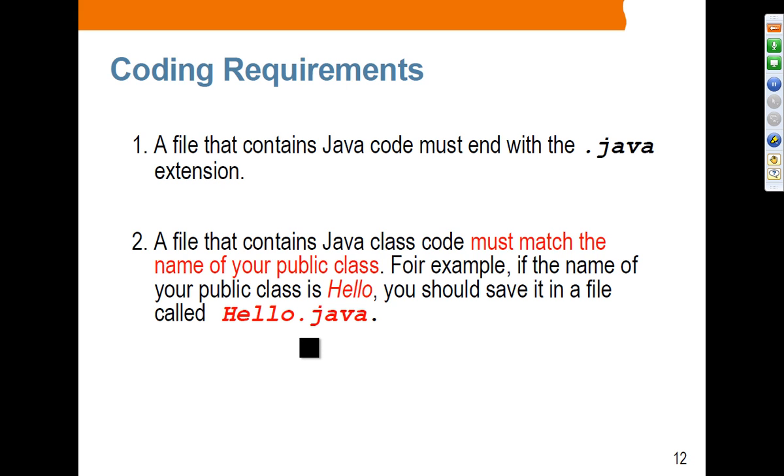If they do not match, then it's a compile error. So it's a requirement. This is an error condition that you might experience on and off when you are writing your Java application for the first time. The name of the file has to match the name of your class inside that Java file.